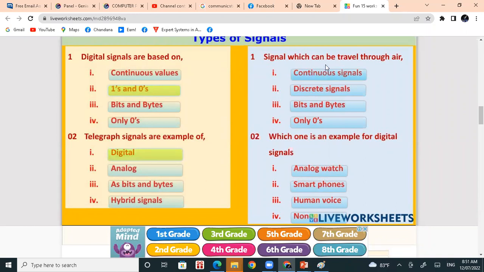Right. Then, signals which can travel through air: continuous, discrete, bits and bytes, only zeros. Continuous signals, yes.